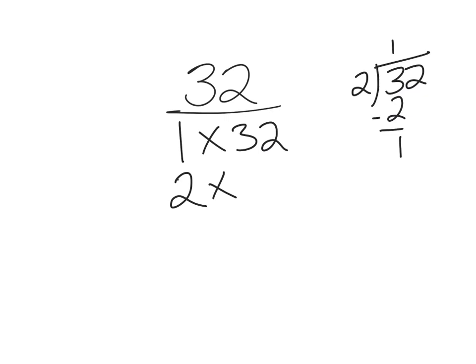I'm going to have 1 left over. I'm going to compare, and I'm going to bring down. At that point, I think this is going to go in equally, since 2 going into an even number is going to be true here. How many times can 2 go into 12? That's going to be 6. There's not going to be any remainders or anything left over. So I know 2 times 16 is going to give me 32.